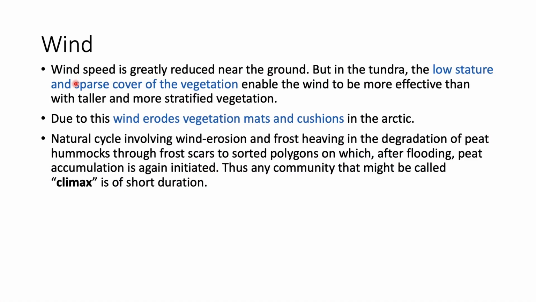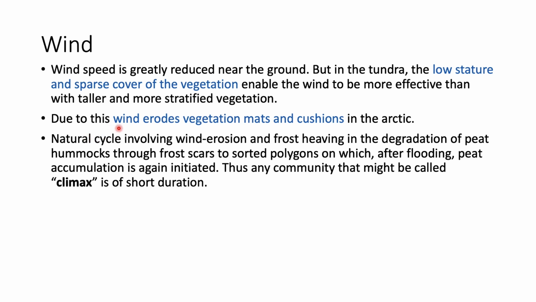The next extrinsic environmental factor is the wind. Wind speed is greatly reduced near the ground, but in the tundra, the lower stature and the sparse cover of vegetation enable the wind to be more effective than with the taller and more stratified vegetation.